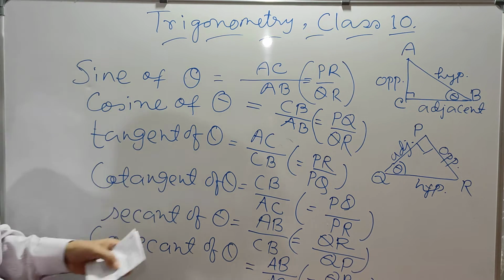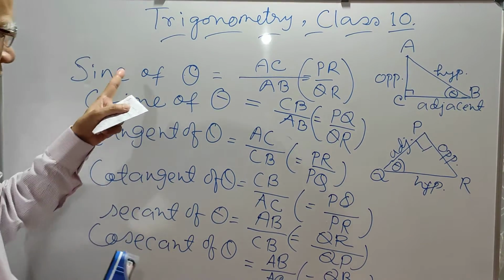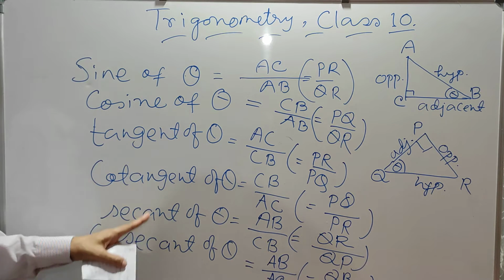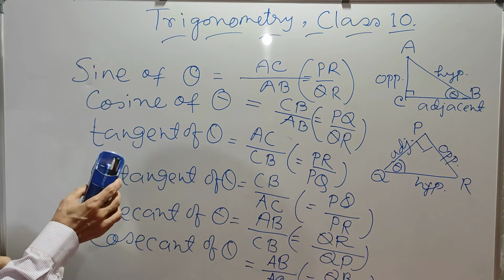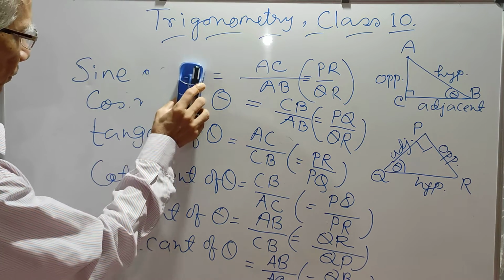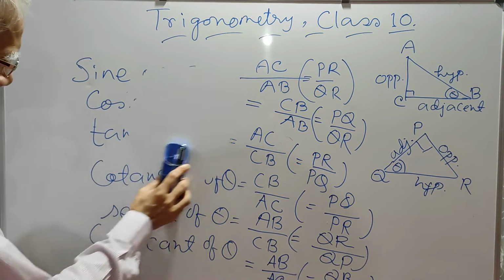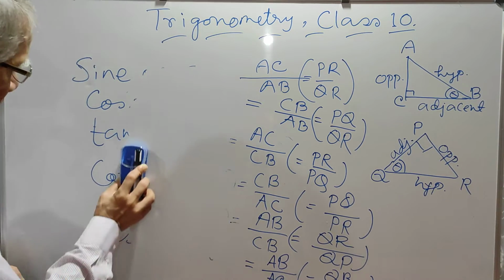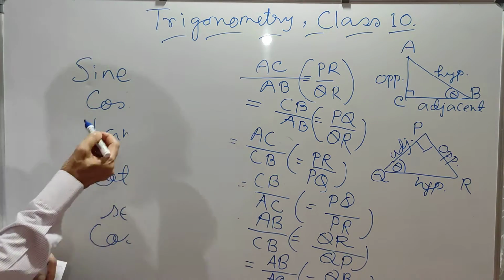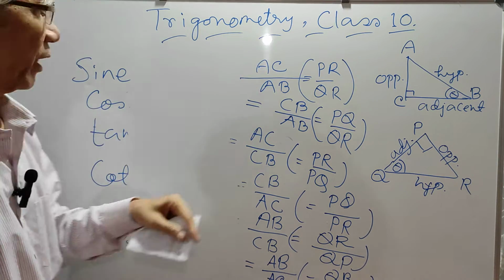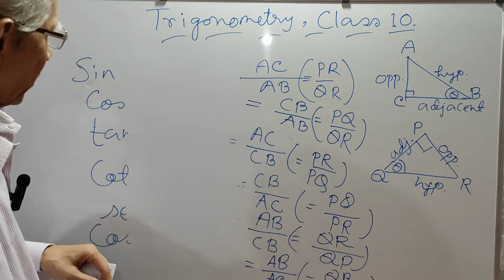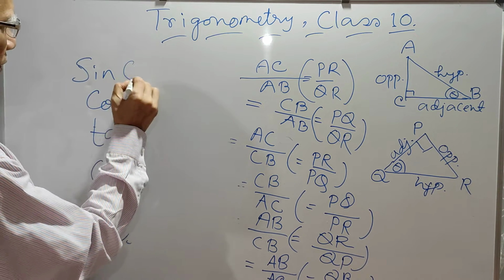Now these names, sine, cosine and all that, have been shortened because they are supposed to be long terms. So instead of writing sine of angle theta, we simply write sine theta.